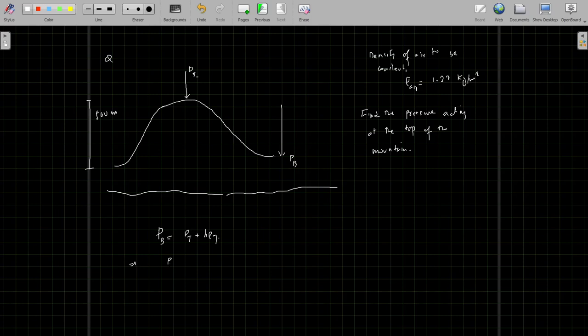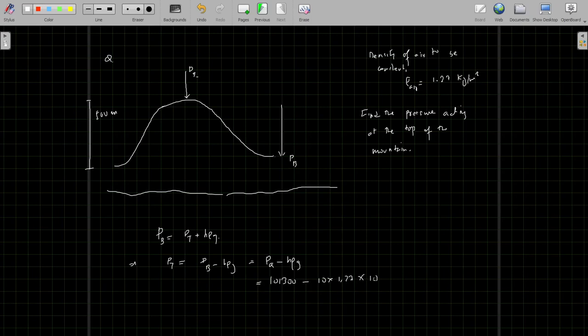So pressure at the top will be PA minus H rho g. That should give me 101,300 minus 10 into density of air 1.27 into g which is 10.